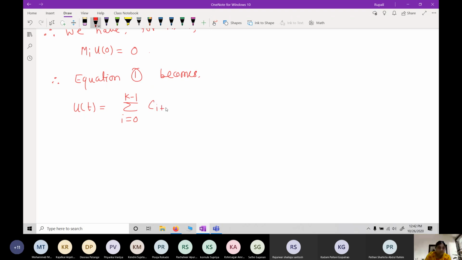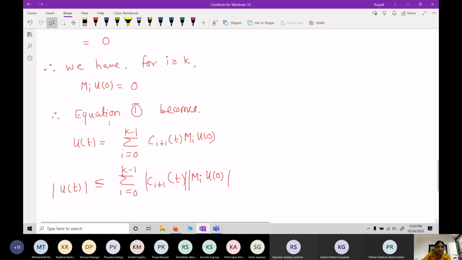So ci plus 1 of t Mi times u0. Is that okay? So the norm of u at t we can write as less than or equal to the summation i equal to 0 to k minus 1 of the norm of ci plus 1 of t Mi times u0, because for i greater than or equal to k we have Mi u0 equal to 0.